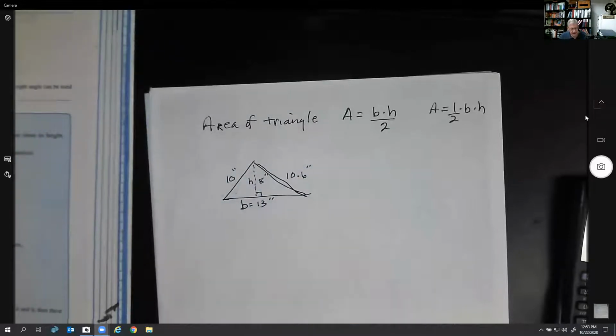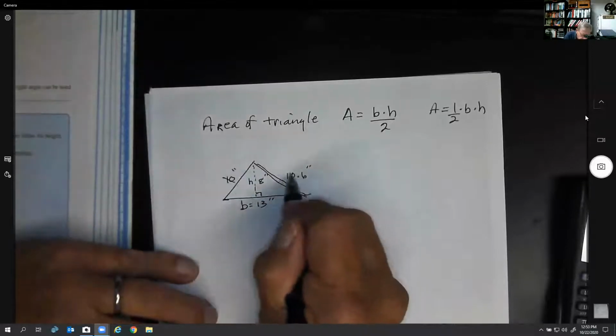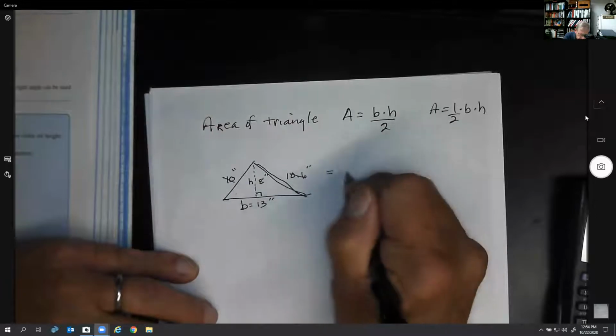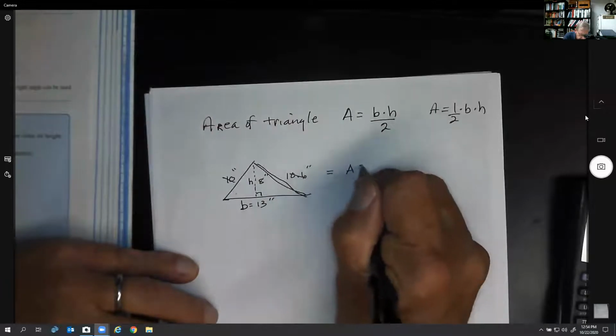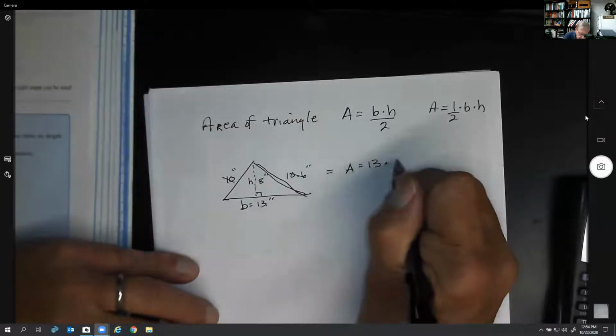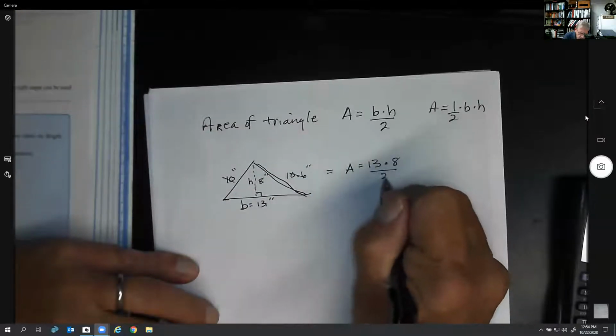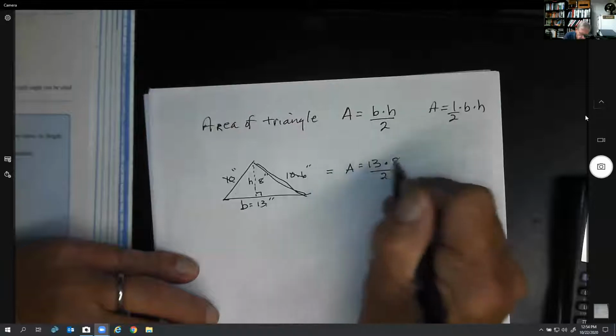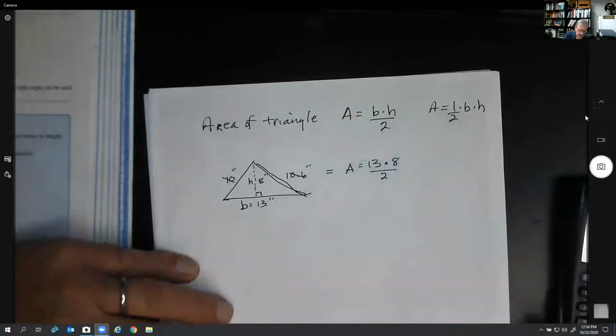Okay, again, they gave us more stuff than we need. We don't need these. All we need to know is the base and the height. Area is the base, 13, times the height, 8, divided by 2. You could divide first and then multiply, or you can multiply and then divide.